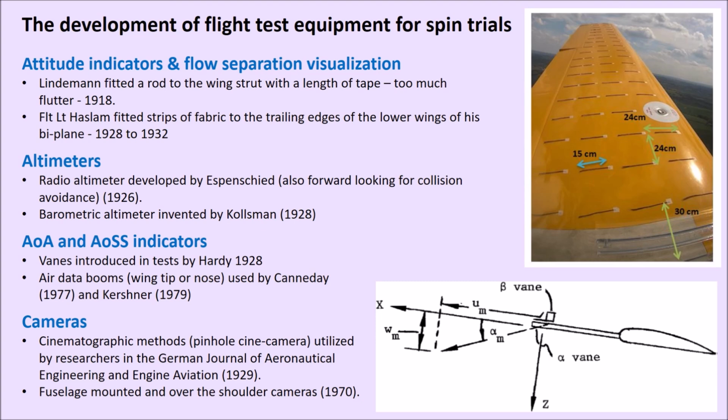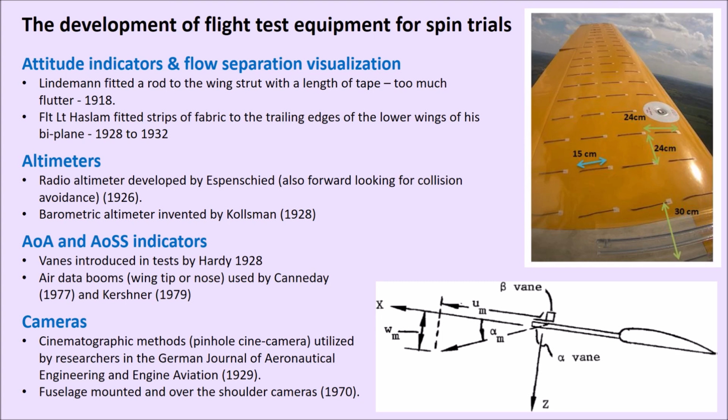In recent years, despite an observed lull in flight testing of the spin, obviously further refinement, development and miniaturization of technology means that flight test capability these days is more accurate and more wide ranging than ever before.